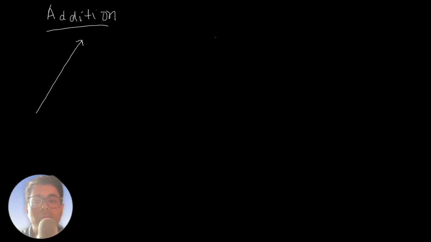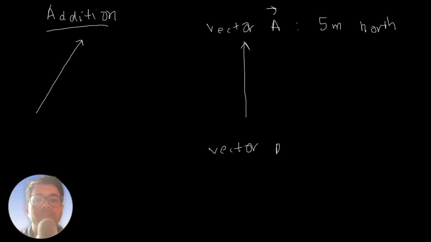For example, vector A is 5 meter north, something like this. And vector B is 3 meter east, something like this.